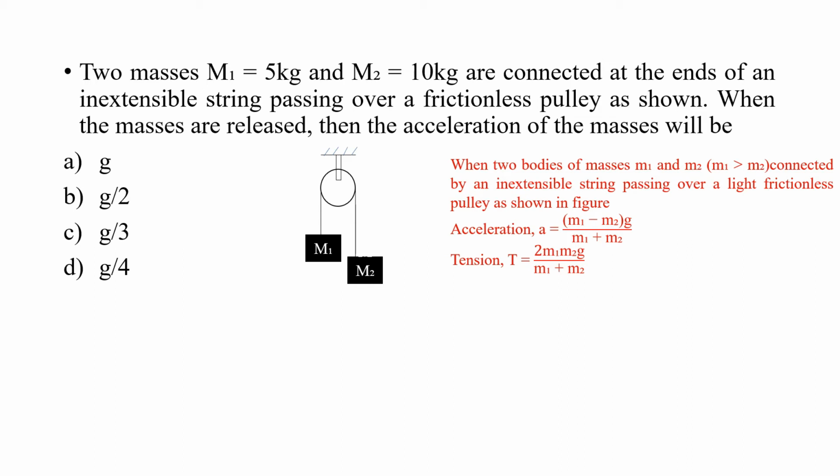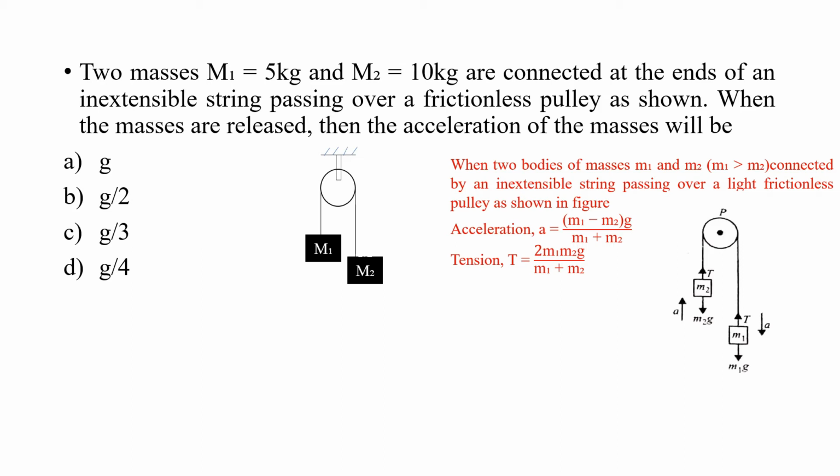When two bodies of mass m1 and m2, say m1 is greater than m2, are connected by an inextensible string passing over a light frictionless pulley as shown in figure, the acceleration a is equal to m1 minus m2 by m1 plus m2 into g, and the tension in the string T is equal to 2 m1 m2 g by m1 plus m2. Okay, so the similar condition is given in your problem.